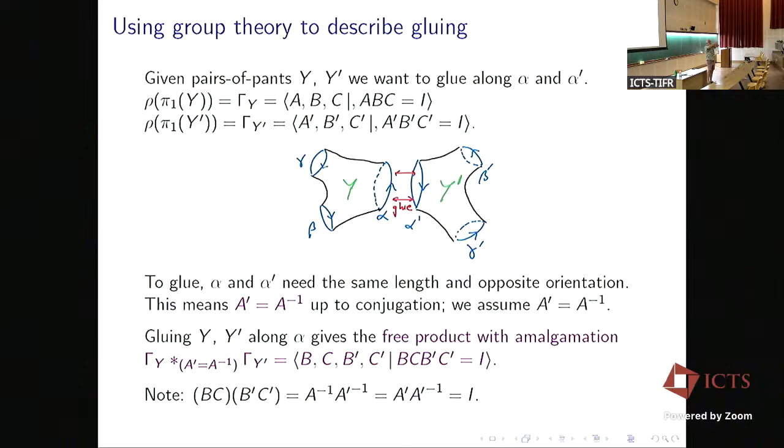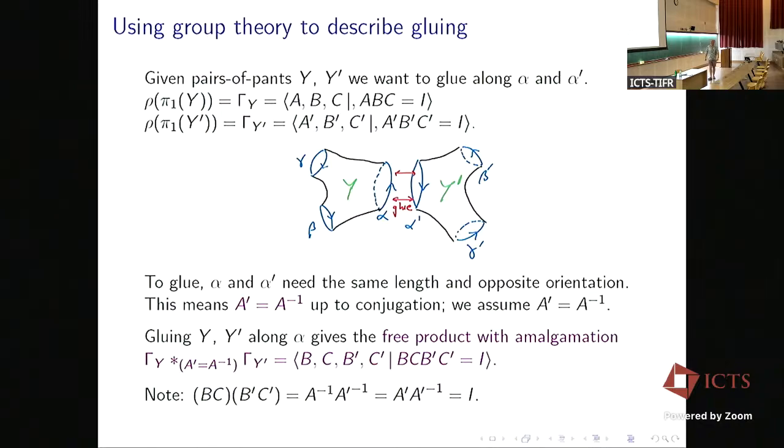So in other words, I can write down any string of symbols of A, B, C, A prime, B prime, C prime. Anytime I see an ABC or an A prime, B prime, C prime, I can cancel those off using the relations. And anytime I see an A prime, I can replace it with an A inverse. And then I just bring it all the way back.